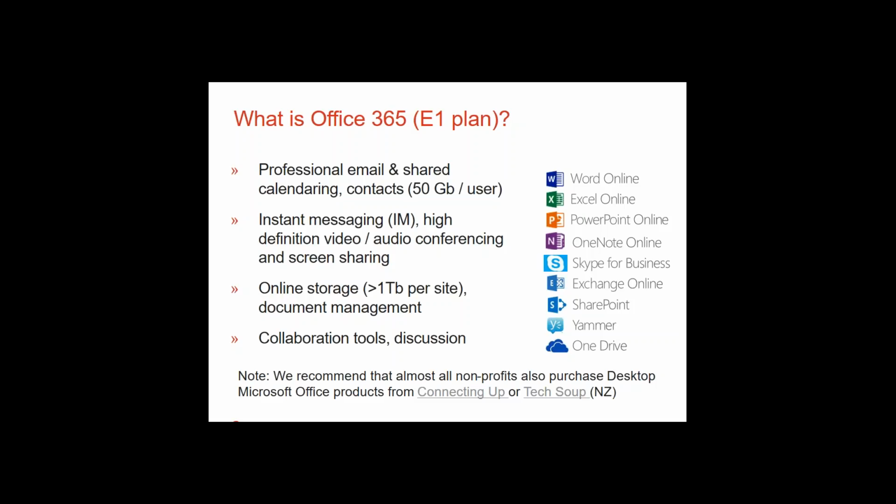And what you get with that, so you get email, so you get 50 gig. Now 50 gig is a lot of mail. Most of our clients would never fill up 50 gig. Personally, I think I have about 1 gig in my mailbox, and that's probably as big as I will ever get in my mailbox. So you also get instant messaging. So that's Skype for Business.